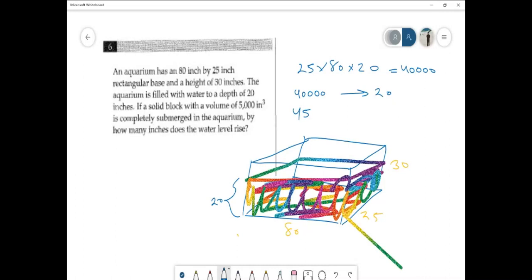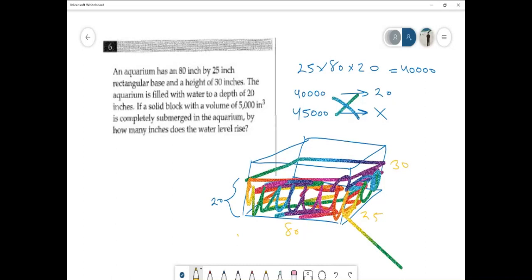So if I throw the stone or the solid block into the water, the volume of the water and the block combined will be 45,000. So if I add the solid block, how much will the height be?